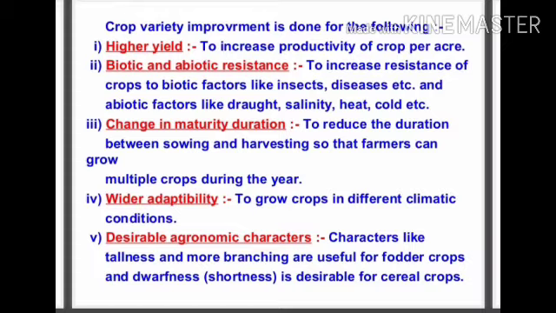Desirable agronomic characteristics like tallness and more branching, useful for fodder plants, and dwarfness, desirable for cereal crops. So these are the characteristics which can be used for improvement in crop variety, and it can be done using scientific management practices, like hybridization, which we have already discussed. Genetically modified crops are also used for this.